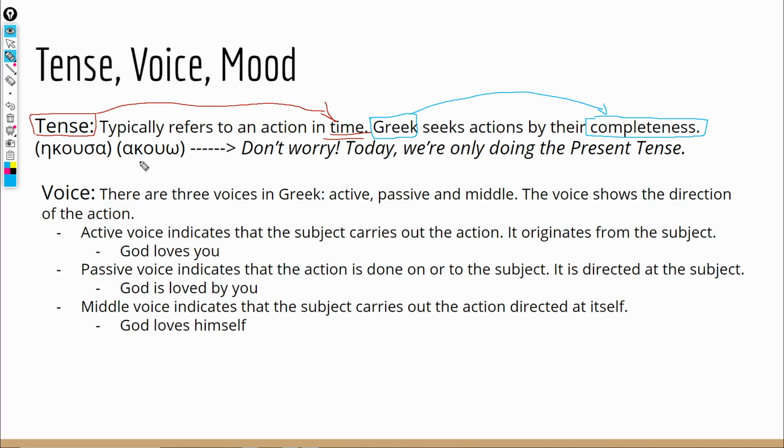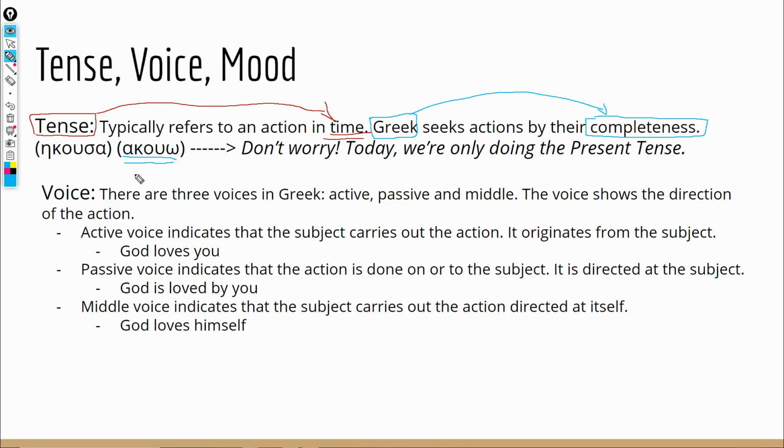And you're probably like, well, what does that mean? To give you an example, we just saw this word akuo. This means I am hearing. I just said originally this meant I hear, which is true. But what's more accurate to translate akuo is I am hearing, because it indicates that it is happening in the present.